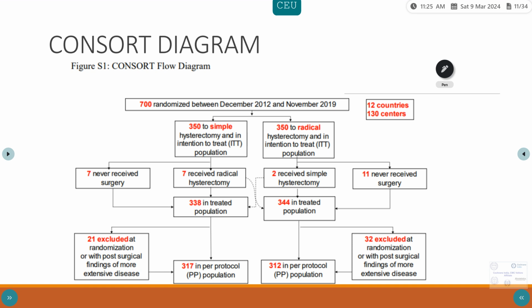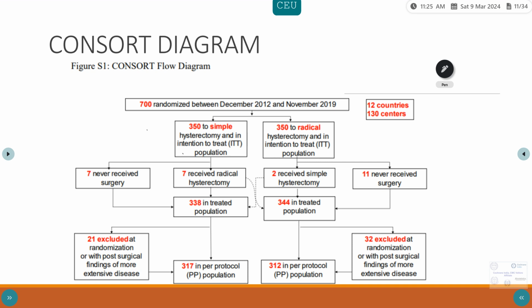Out of the 700, they have randomized 350 to the intervention arm and 350 to the control arm. So for an intention to treat analysis, they've included all the patients randomized in both the arms. However, in our per protocol analysis, in the intervention arm, 14 patients had to be excluded because either they did not receive the surgery or they had to cross over to the other side. But 2 patients from the other side came over to this side.